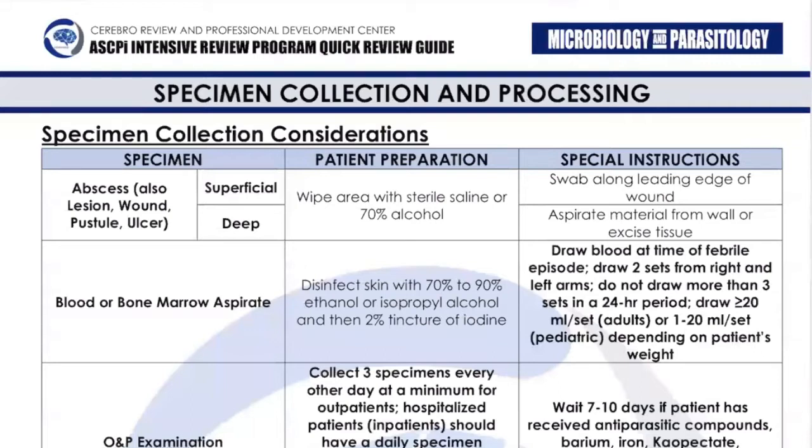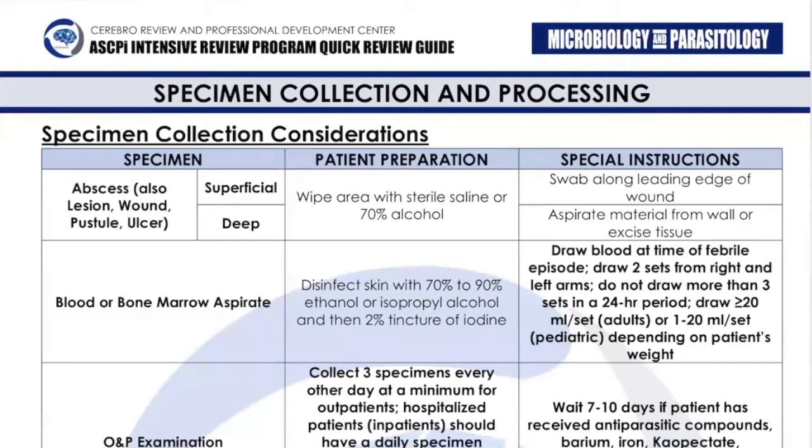So first, we have abscesses. That would also include lesions, wounds, pustules, and ulcers. The collection of the specimen here depends on whether it is a superficial or a deep abscess. Prior to the collection, we have to wipe the area with sterile saline or 70% alcohol.